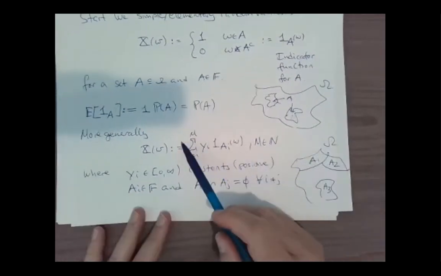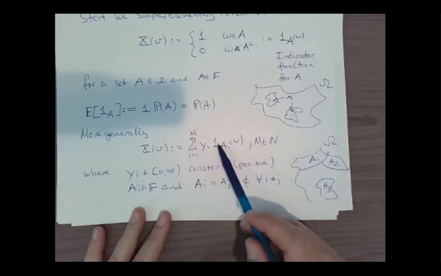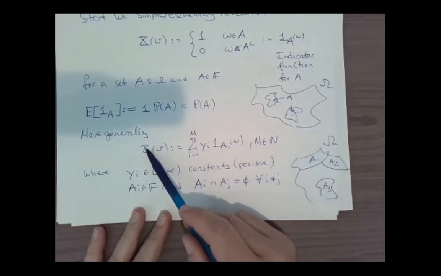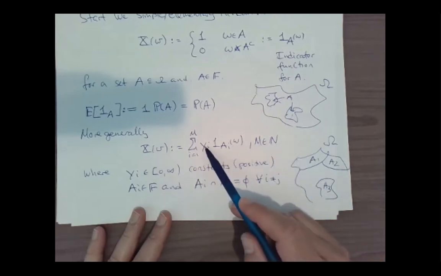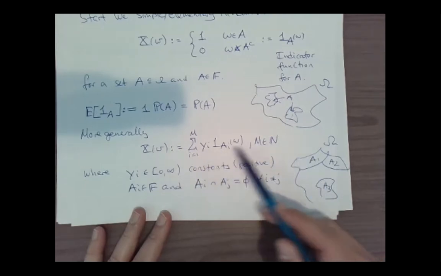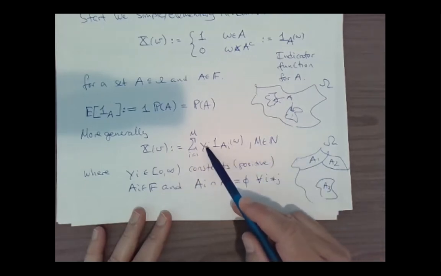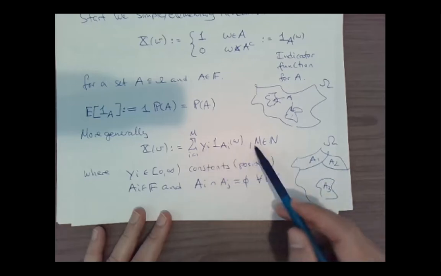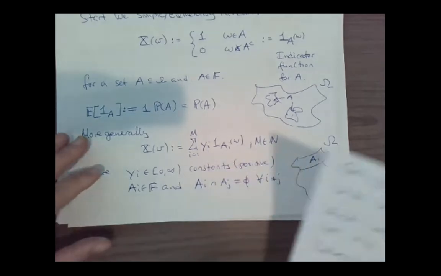So it takes on m possibly different values on each of these blocks. On block number 1, A1, the random variable X will take on the value y1, and on block number 2, A2, it'll take on the value y2. So these are the building blocks.